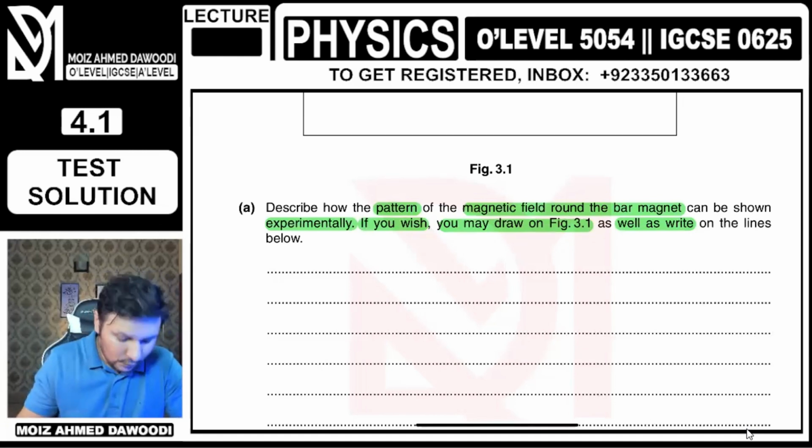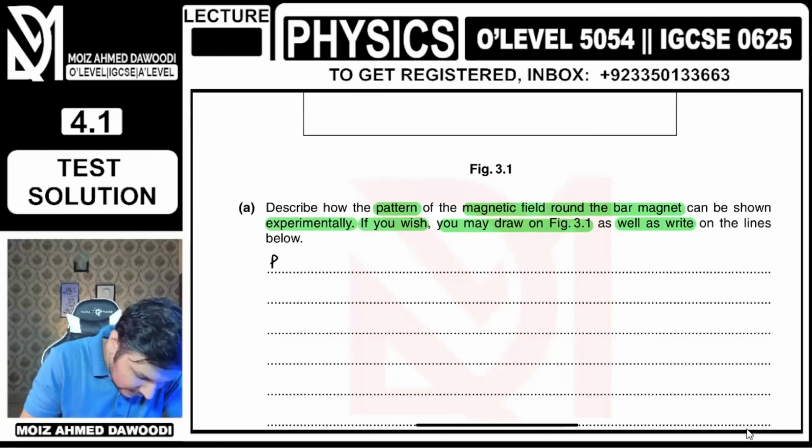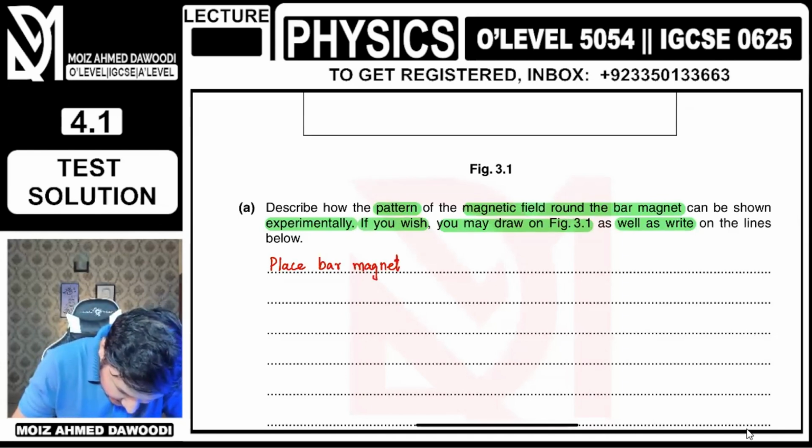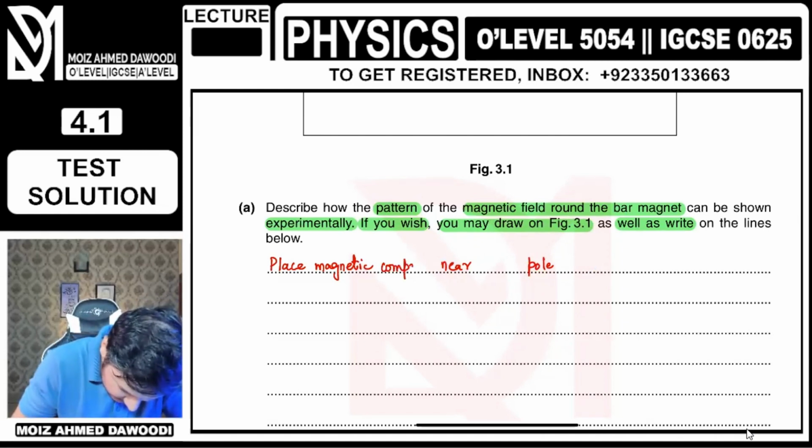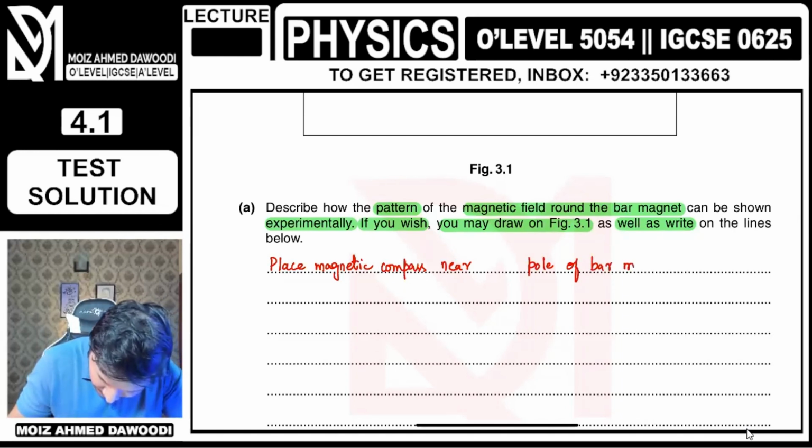Now, what we do: place the magnetic compass near a pole of the bar magnet. That is step 1.